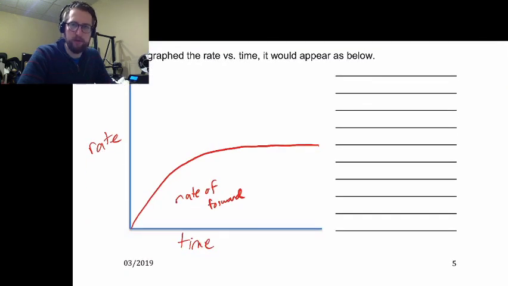This is the one I don't like: when I think about the rate of the reverse reaction, I feel like it should be, but I'm looking at the graphs and they bug me, but that's okay.